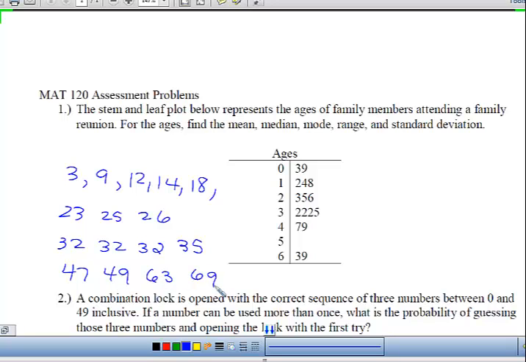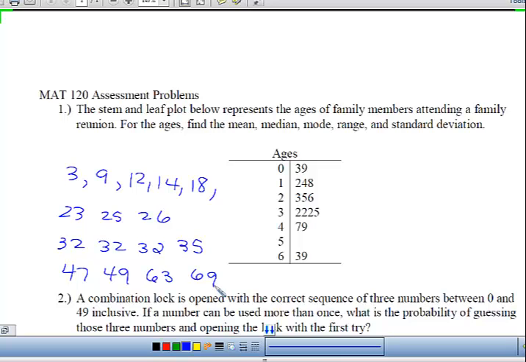Okay, very good. So there are those ages. And now what we want to do is find these different values. We could put the numbers in our calculator to come up with the mean and the median. They're already in order here. So we've got how many people who attended? 16 people attended. So the median is going to be the mean of the 8th and 9th ages.